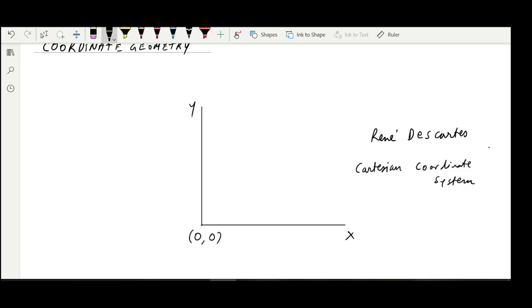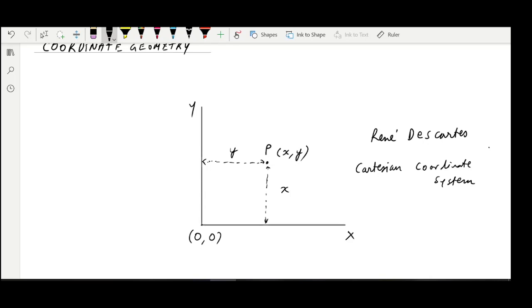Now let's take any one point, let's say the point P. The distance of this point from the y-axis is x, and the distance of this point from the x-axis is y. Then the coordinates of this point will be given by (x, y). This is how we represent different points in the Cartesian coordinate system.